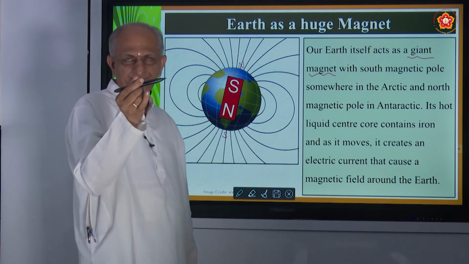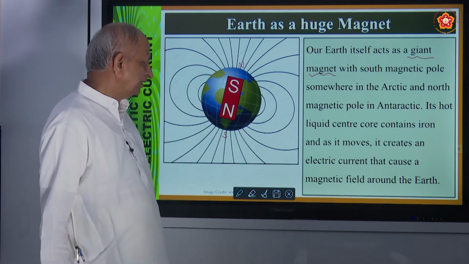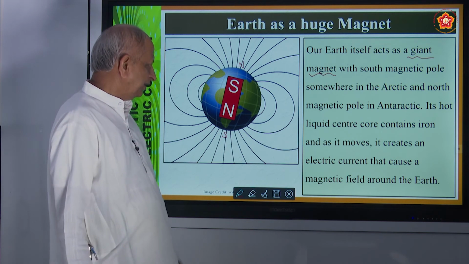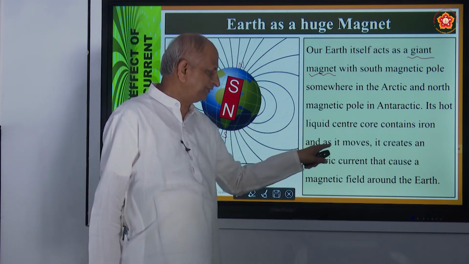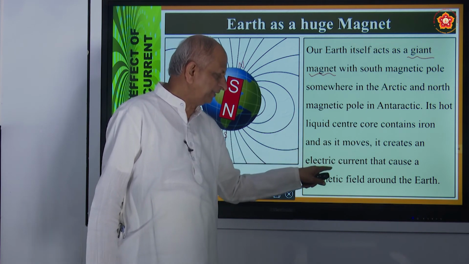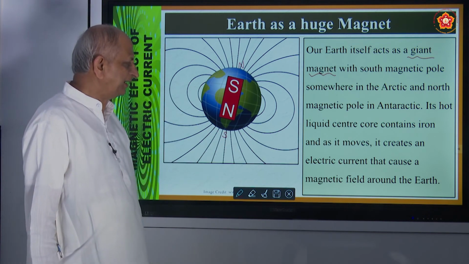That's why a freely suspended magnet always comes to rest in the north-south direction. It is because the hot liquid in the center core contains iron, and as it moves, it creates an electric current that causes a magnetic field around the earth.